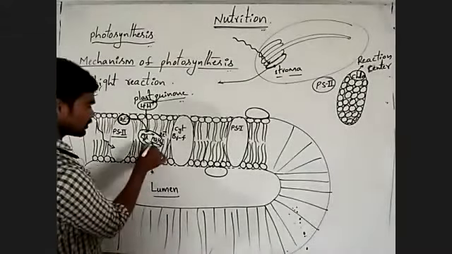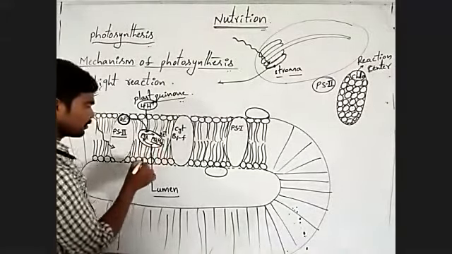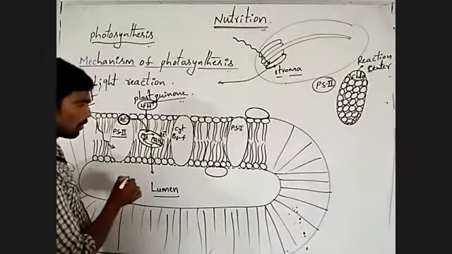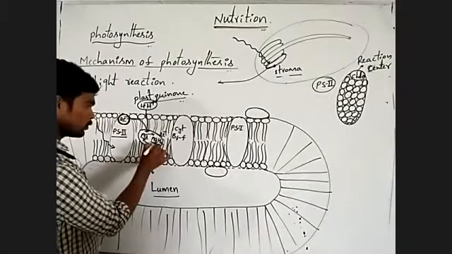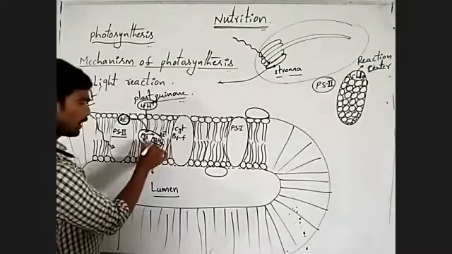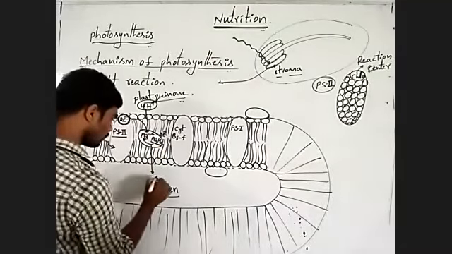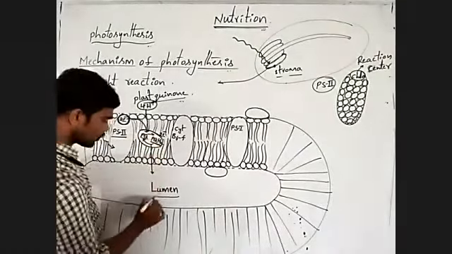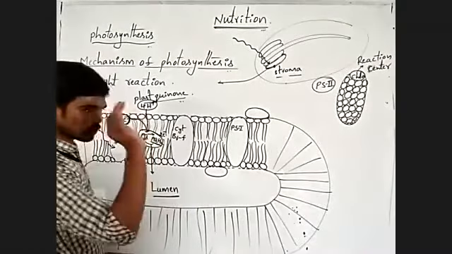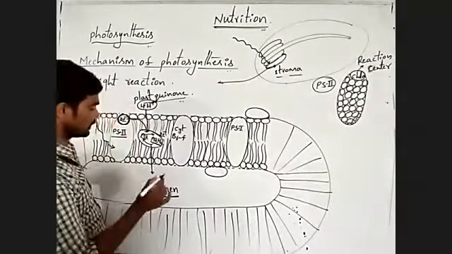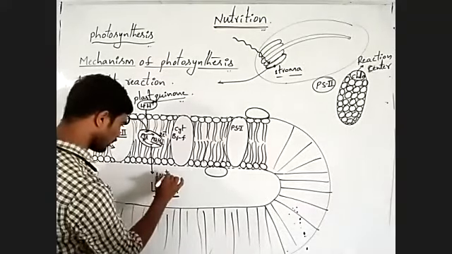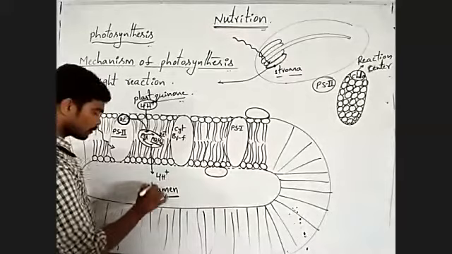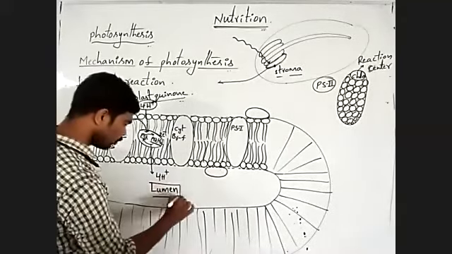After oxidation of the reduced plastoquinone, the four protons are transported into the lumen.